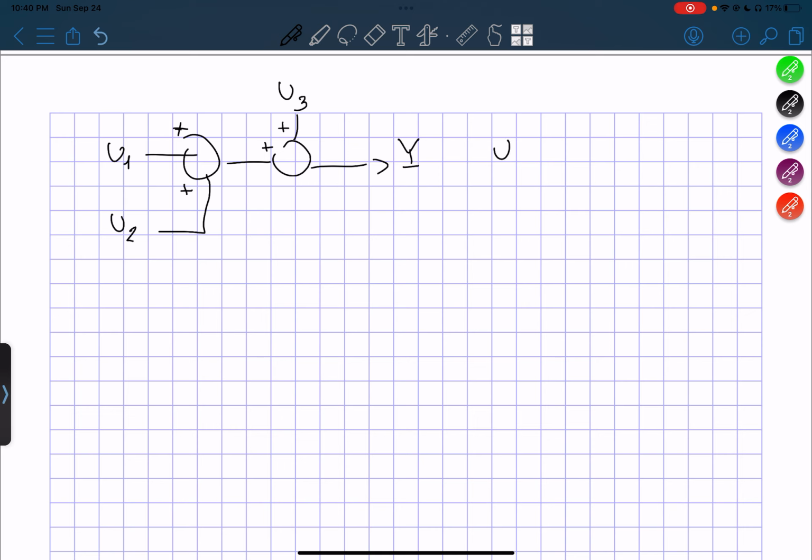We can say, for example, u1 and u3 right away. I'm going to say like this. Yeah, it doesn't really matter. I can say u2 to be added later on. Now, of course, this works for minus as well, because we know the order of operations doesn't change for these things.